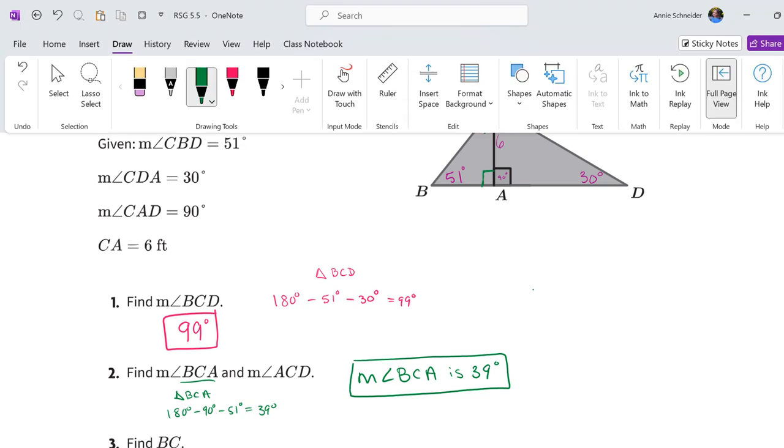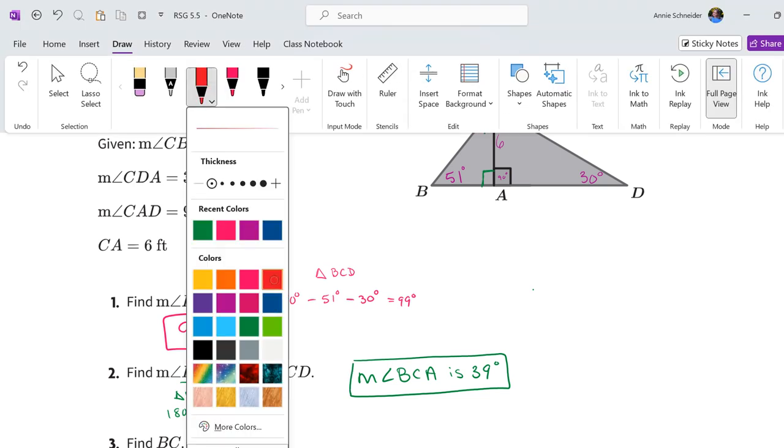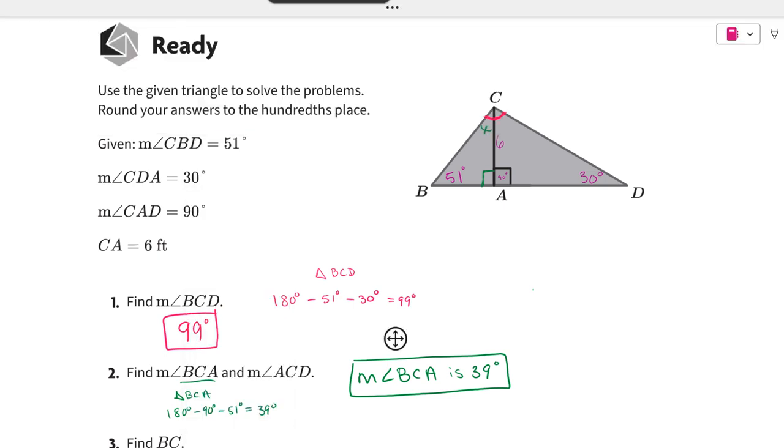We're going to follow a super similar procedure for the other side, for angle ACD. Triangle ACD is 180 degrees total, and it has 90 already because it also has that 90-degree angle in it. We know the angle D is 30 degrees, so 180 minus 90 is 90, and 90 minus 30 gives us 60 degrees.